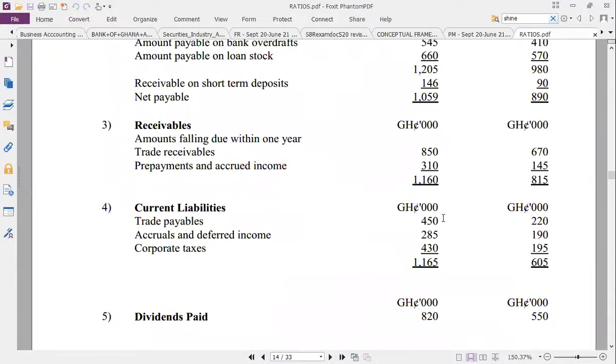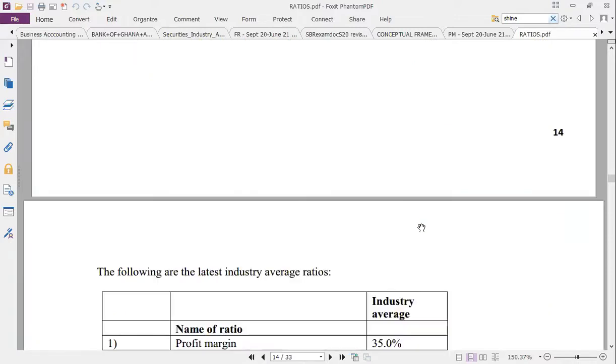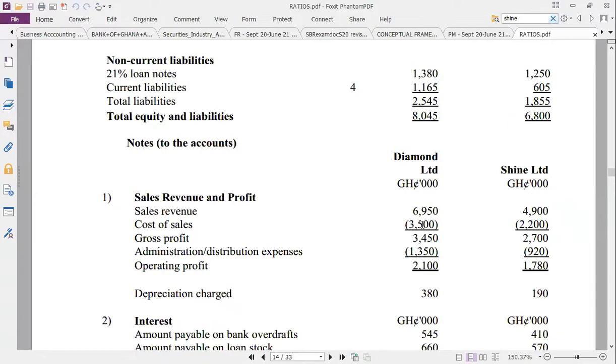Payable is here 450,222. Let's go and pick the cost of sales. Cost of sales 3,500, 2,200. 3,500 times 365 and 2,200 times 365.